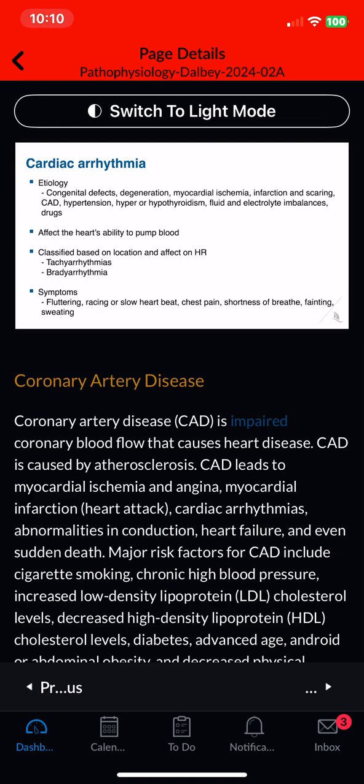And bradyarrhythmia is a slow heart rate, less than 60 beats per minute, and that can decrease perfusion of our important organs. Symptoms include fluttering in the chest, a racing or slow heartbeat, chest pain, shortness of breath, fainting, and sweating.